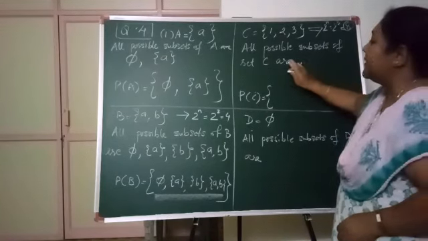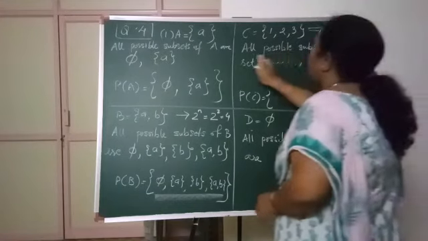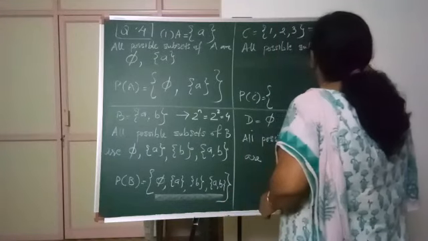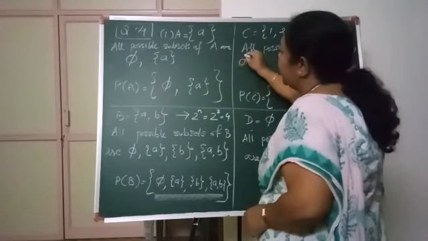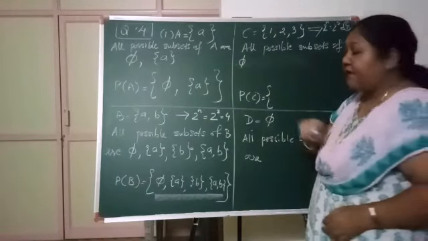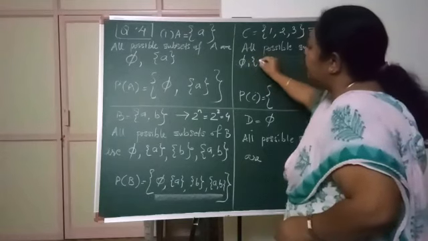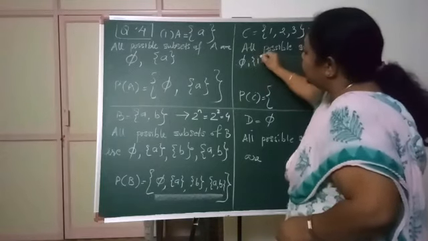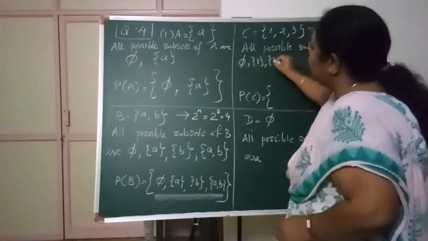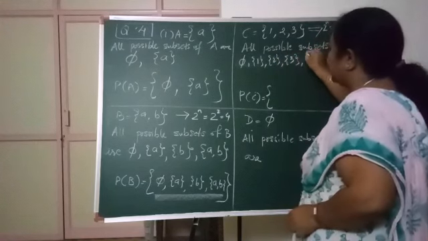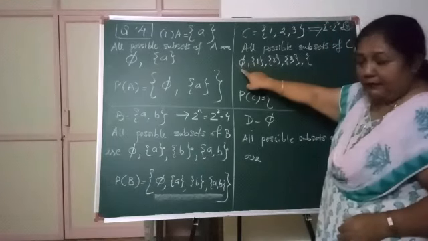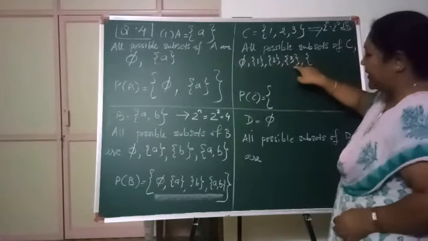So which subsets are going to be there? All possible subsets of capital C are: the empty set is a subset of every set. Then you go to single members. So now I have single 1, then I will write single 2, then single 3, then empty, and the 1-member ones are written.